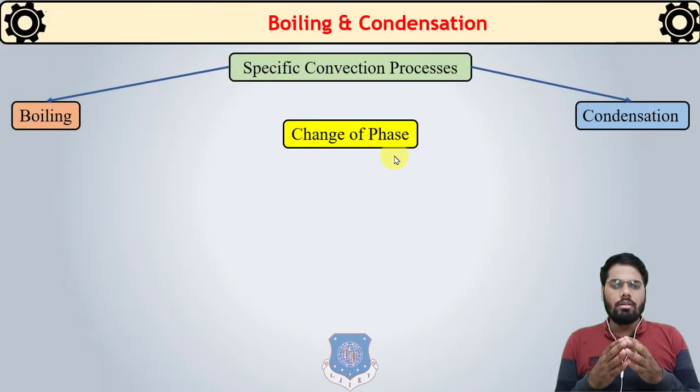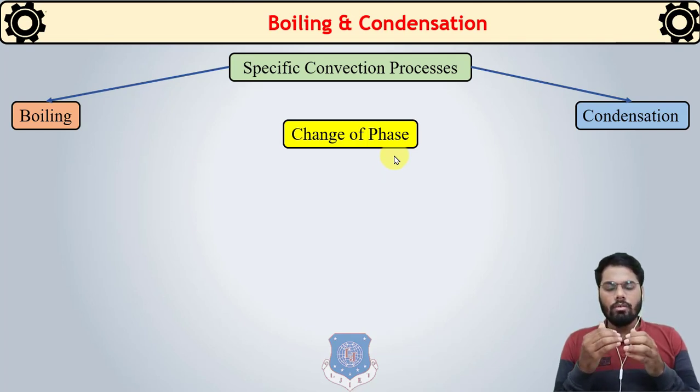We have learned the convection process, that is, how heat transfer by convection mode takes place between a solid and the fluid which is in motion. In the heat exchanger chapter, we have learned that there is convection heat transfer between a fluid and the surface of the pipe.